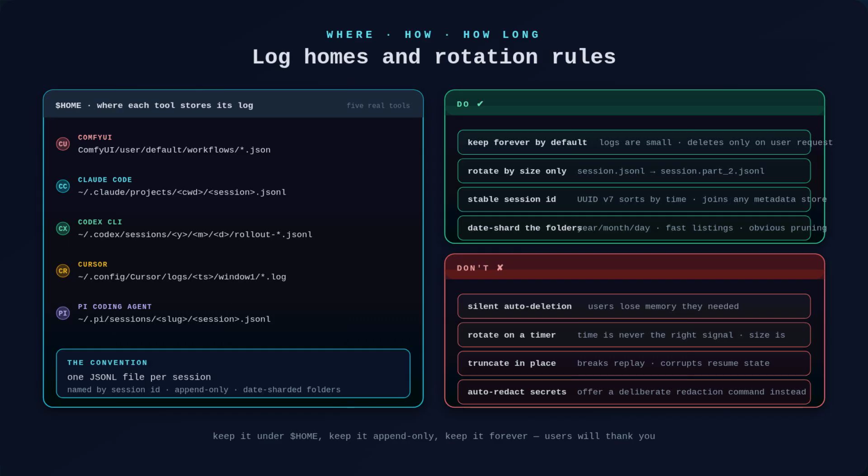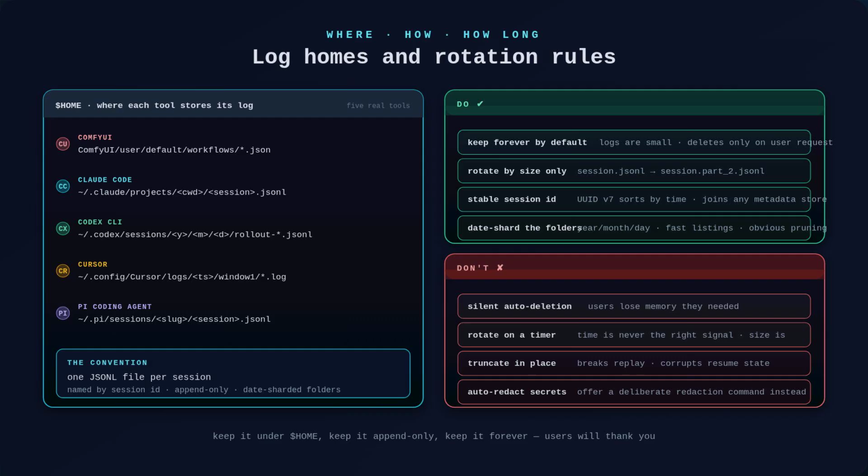Claude Code tucks its transcripts into a hidden Claude folder in home, while Codex keeps its rollouts in a parallel Codex folder, and the Pi coding agent uses its own Pi folder alongside. Cursor is the outlier here because it follows the platform-appropriate config path that VS Code style applications expect. The convention across all of them is remarkably consistent.